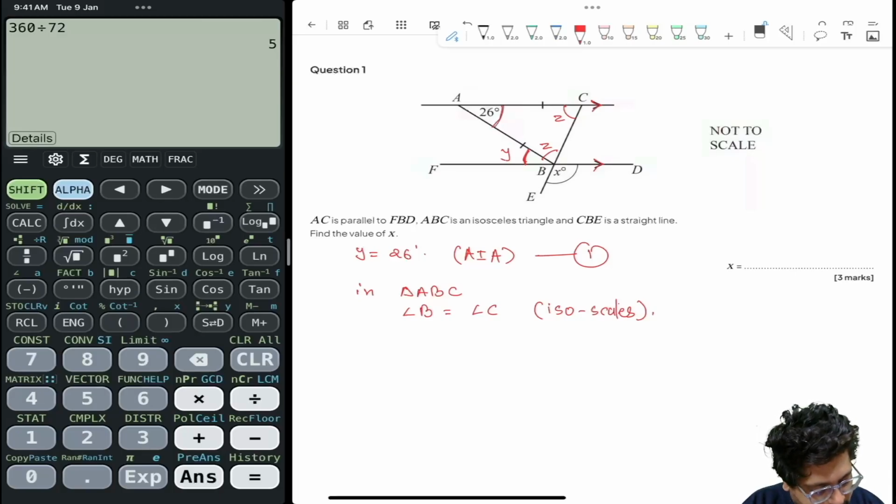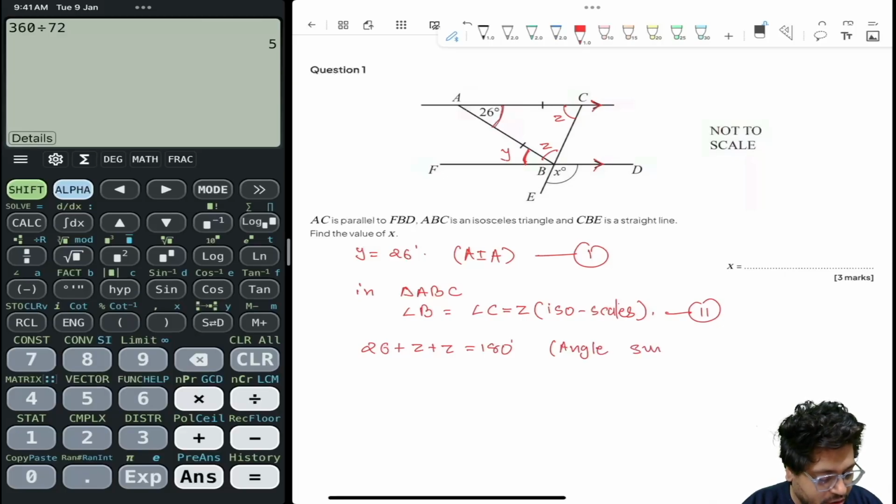And let's call this Z only. And now 26 plus 2Z is equal to 180. Reason is angle sum. In a triangle, angle sum is always 180.